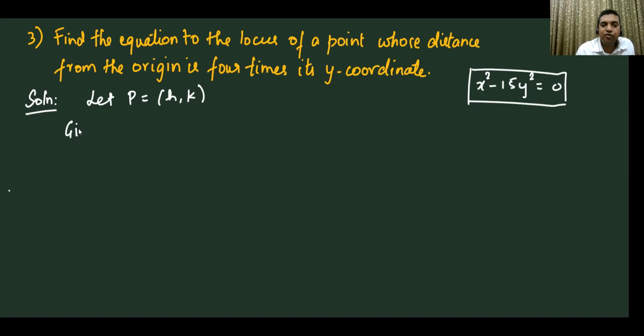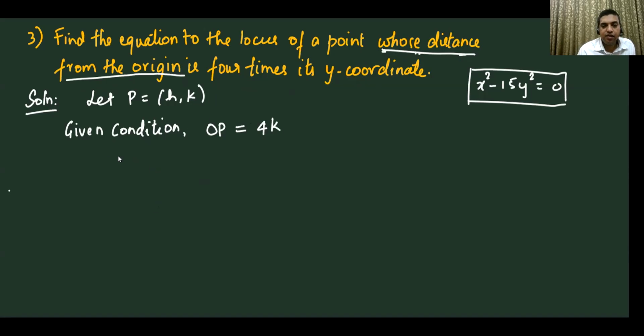Given condition we have to write correctly. Given condition is that the distance from the origin, OP, is equal to 4 times its y coordinate. Y coordinate of point P is k. It is 4 times k.